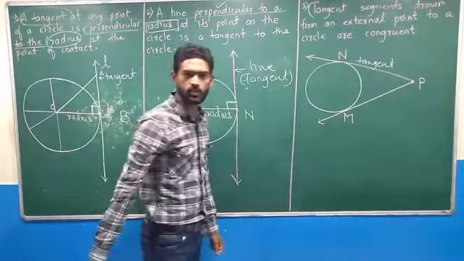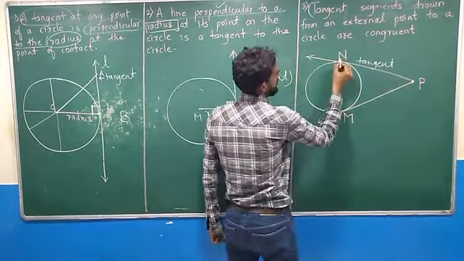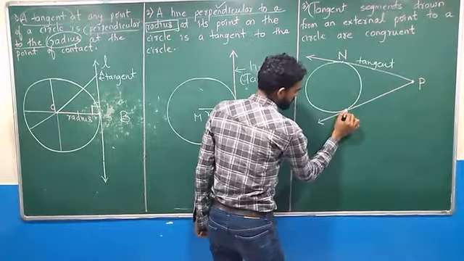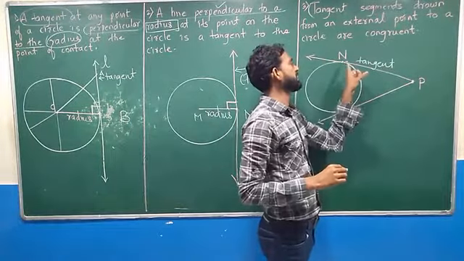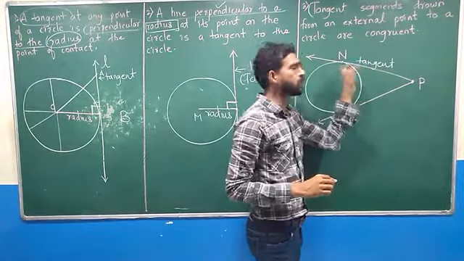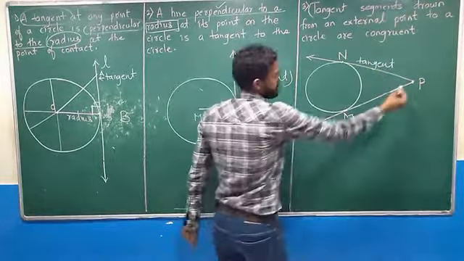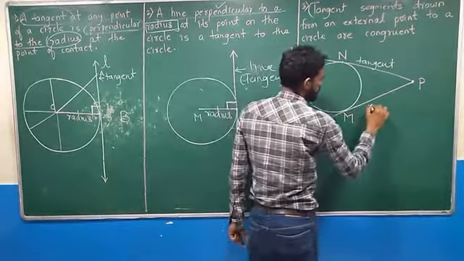Why is it a tangent? What did I tell you about a tangent? A tangent is a line which touches the circle at one single point. It means this PN is touching the single point N. Similarly, for this PM, the contact point is M. It means this PM is a tangent. Similarly, PN is also a tangent. Both are tangents.